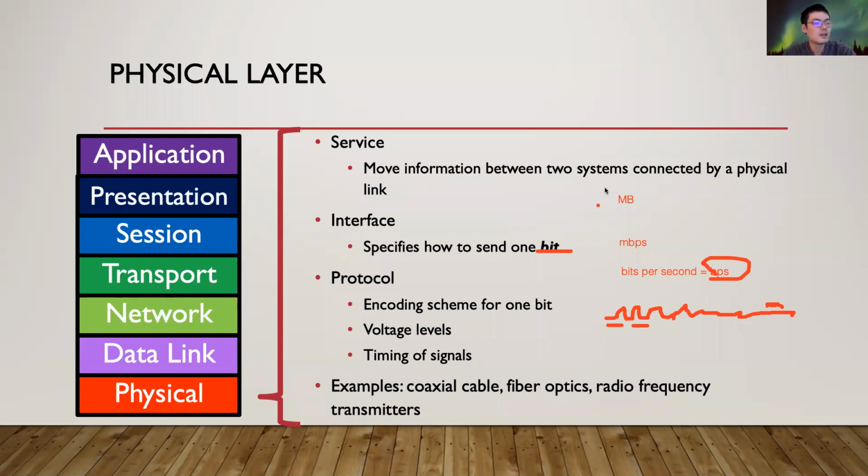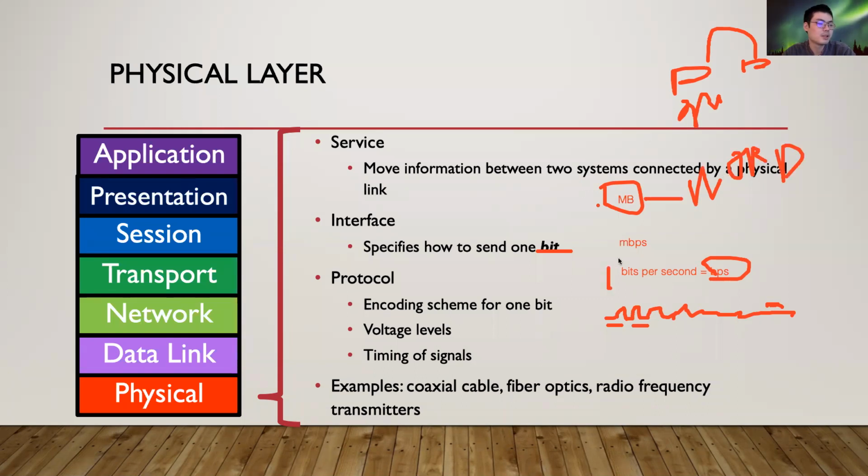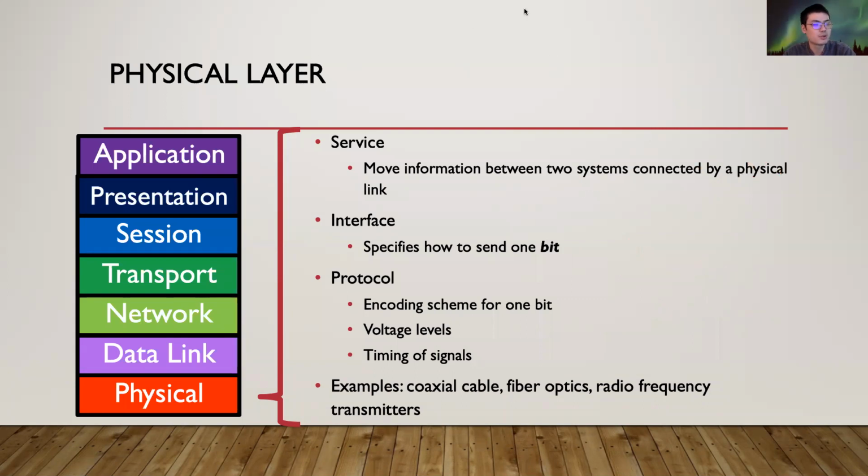While in computer systems, everything in the CPU, like when you do addition, is an integer, 32 bits, 4 bytes. So we are using word level, byte level there. This is really bit level when we talk about the transfer of data.